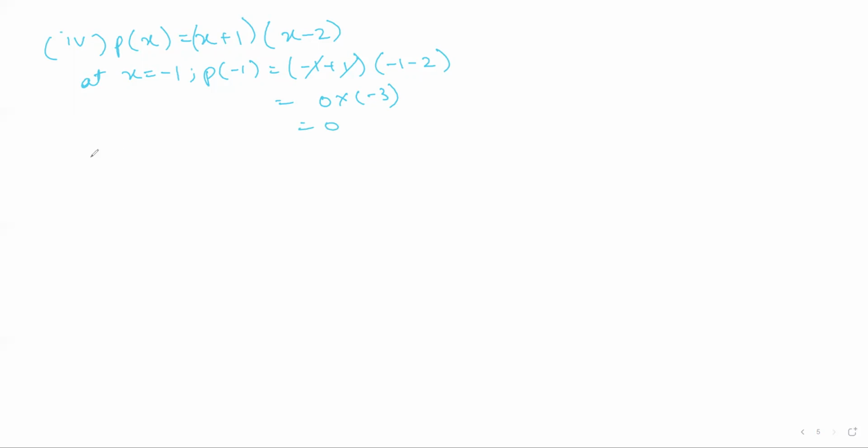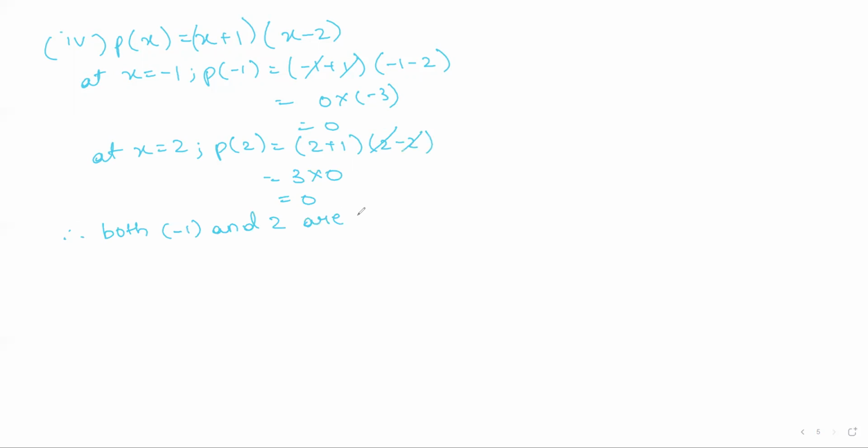You also have to check for 2. So at x equals 2, P of 2 is equal to 2 plus 1 into 2 minus 2, this is 3 into 0, which is 0. Therefore, both minus 1 and 2 are zeros of P of x.